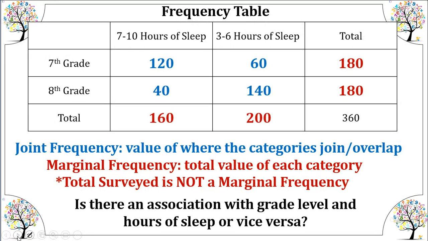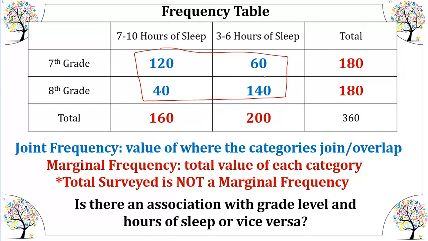So here is our frequency table. We're going to go through a few vocabulary terms. Here's the frequency table. Now, the cells in the middle where we actually took the survey, and I just went around and asked 360 7th graders and 8th graders how many hours of sleep do you get? These inside cells are called the joint frequency.